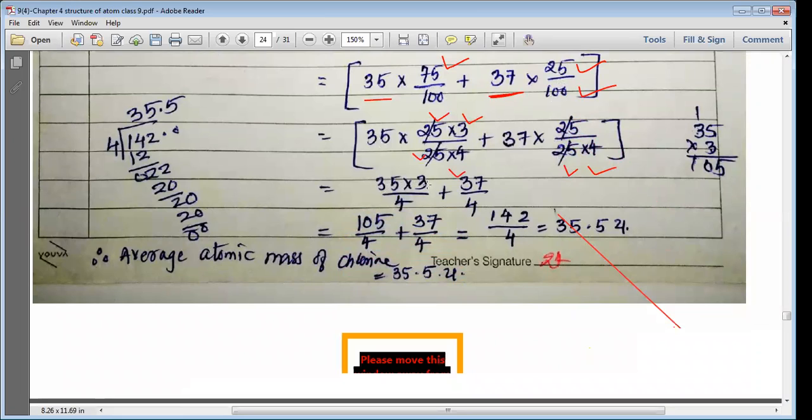And we can write 35 multiplied by 3 divided by 4 plus 37 divided by 4. 35 multiplied by 3, you can see here, is equal to 105 by 4 plus 37 by 4.